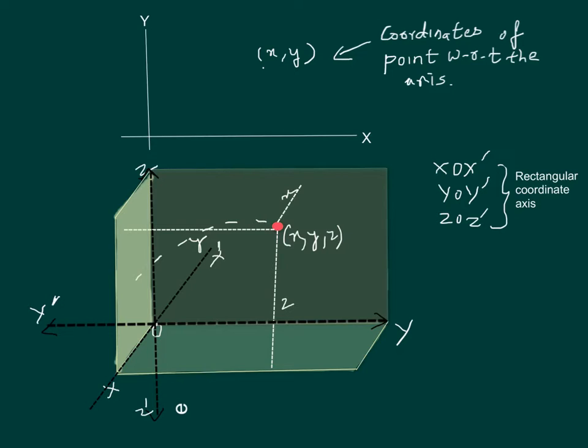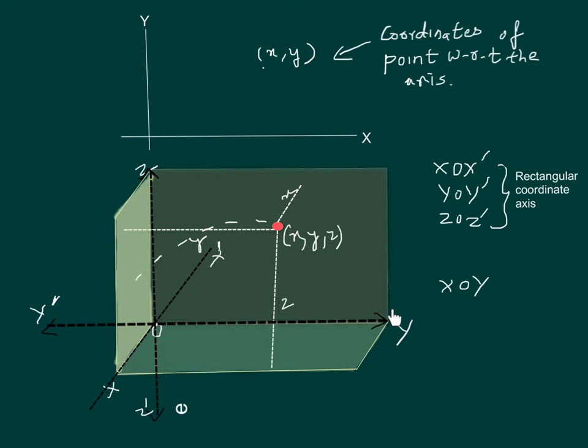Now, how will we name the planes we started with? We had three planes, so how will we name them? We will have the planes XOY. So the first plane is XOY.